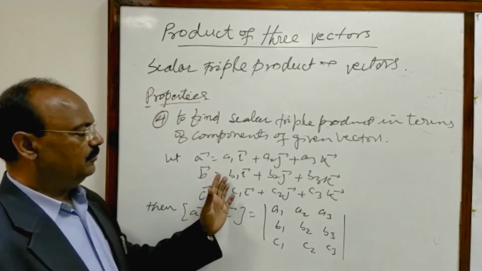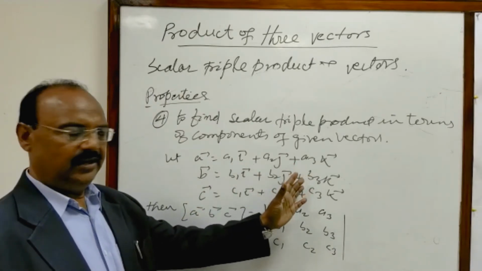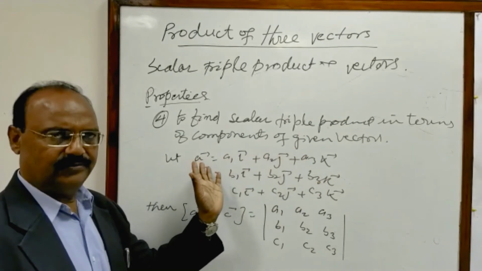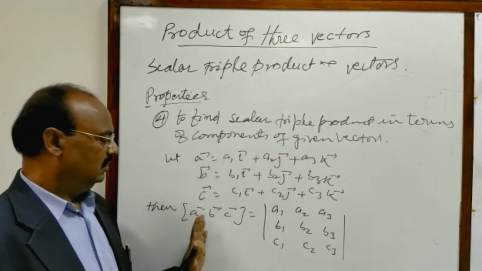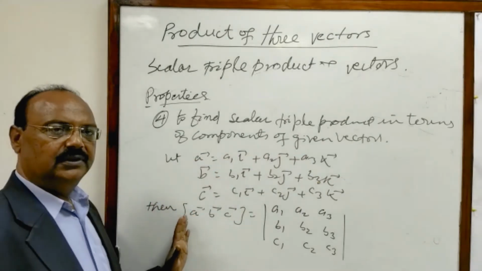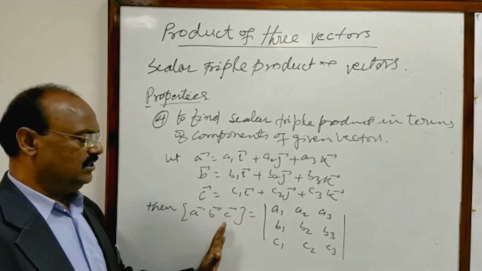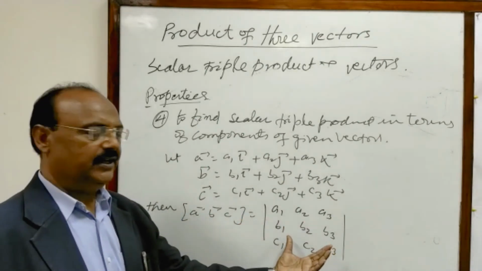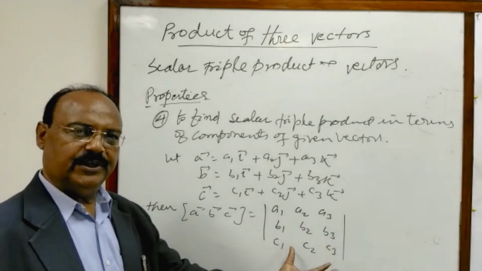So in terms of coefficients of i, j, k, which are components, we can get the value of the scalar triple product ABC after evaluating this determinant.